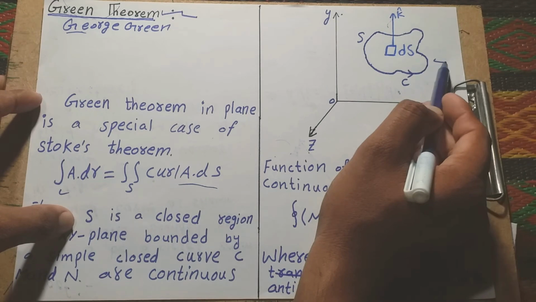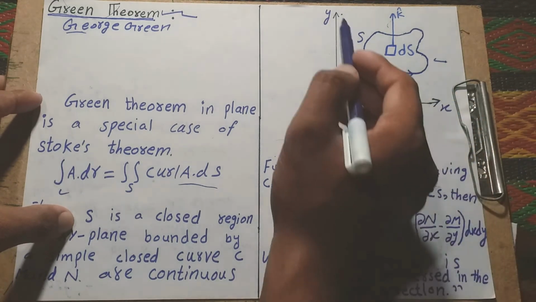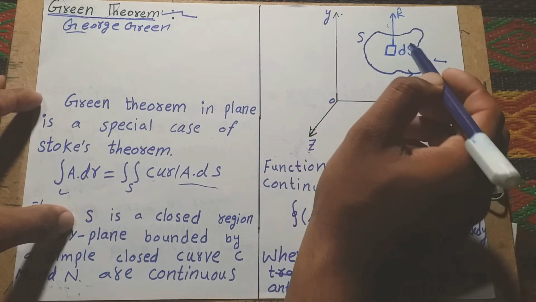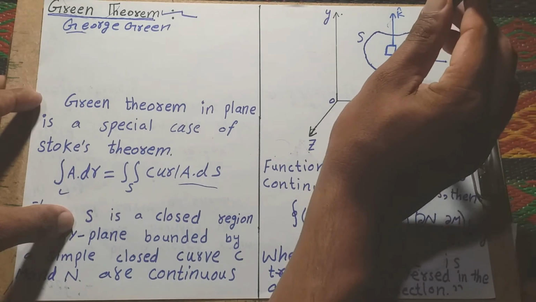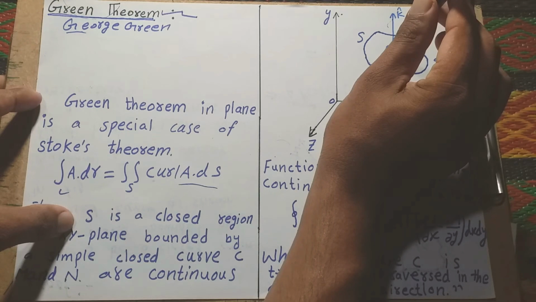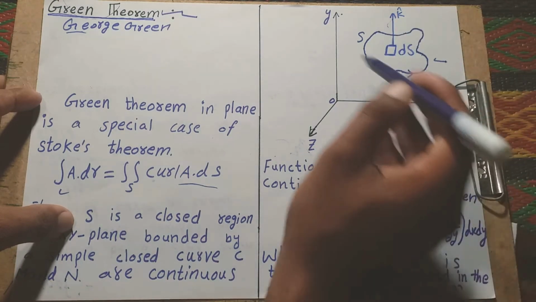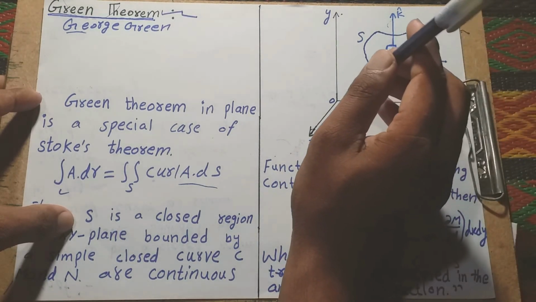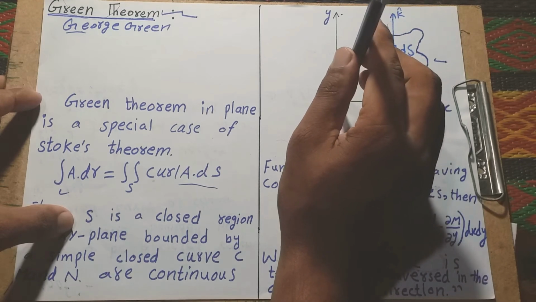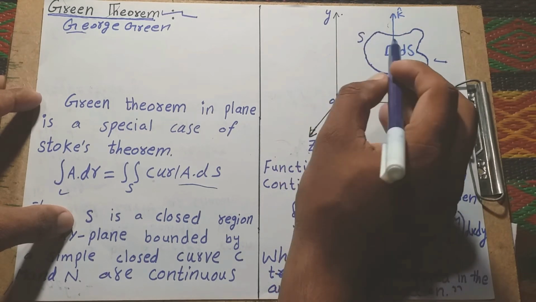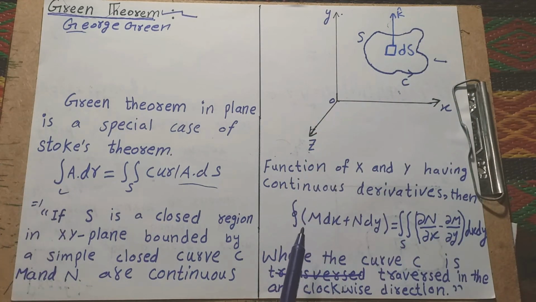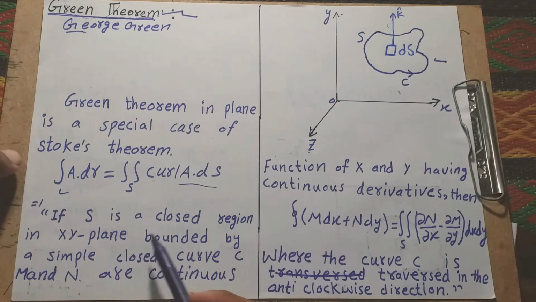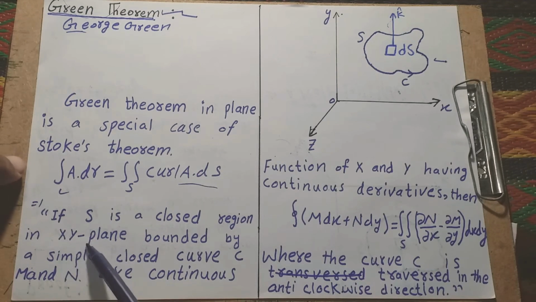This closed region exists in x and y, and the normal component always points upward. This is x and y, and the normal exists in the z direction, k along the z direction. Okay, clear? S is a closed region in the xy plane.